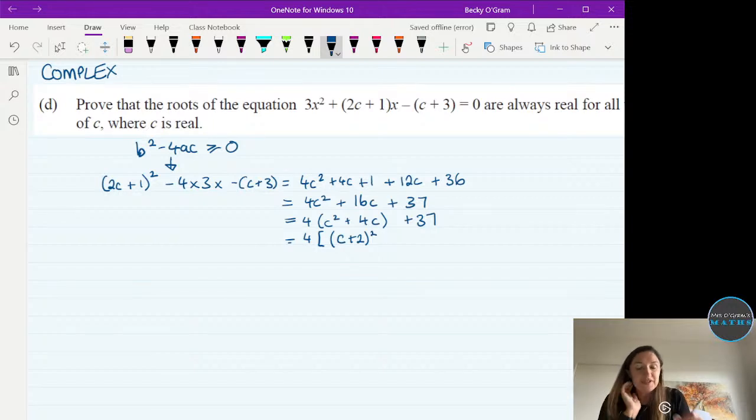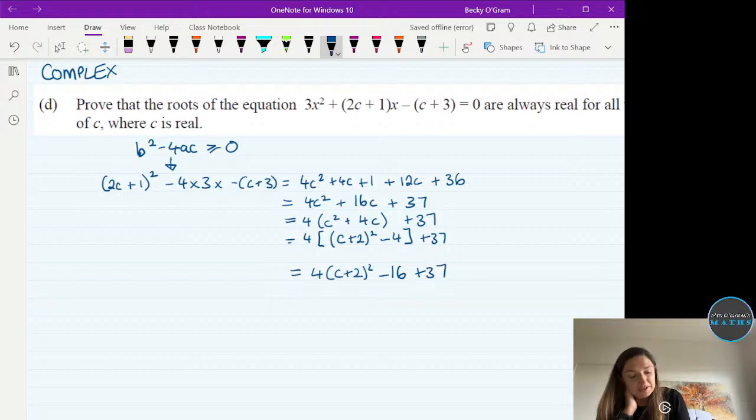Now that will give us the c squared plus the 4c, but it will also give us 2 squared out of that, so we need to subtract that. So take off the 4 and then add the 37 back on. So now we're looking at this being 4 times c plus 2 squared minus 16 plus 37. So minus 16 plus 37 becomes plus 21.